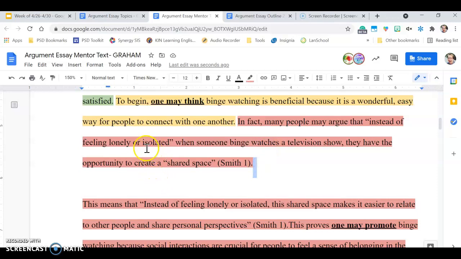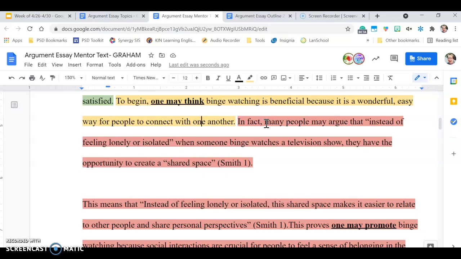So by incorporating the quote into my sentence, I've also eliminated that boring, bland transition that used to be there, and I've just continued my thought from the main point into the evidence, and I've hidden the transition within the sentence that includes the quote.